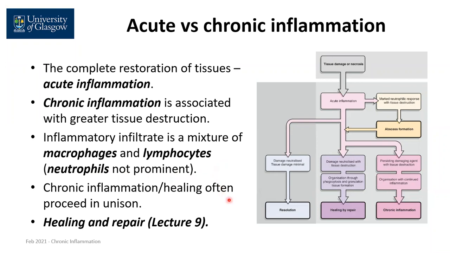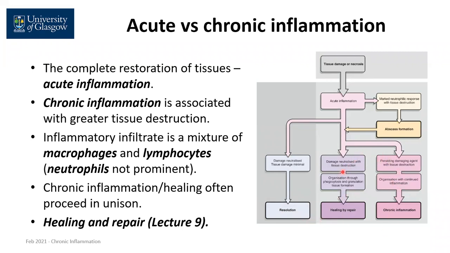Chronic inflammation can ultimately occur in unison with this process of healing by repair. So this is a diagram, a flowchart that you saw in the last session, where acute inflammation and certain acute inflammatory diseases are associated with abscess formation. But generally speaking, in acute inflammatory diseases, you get resolution of the disease.